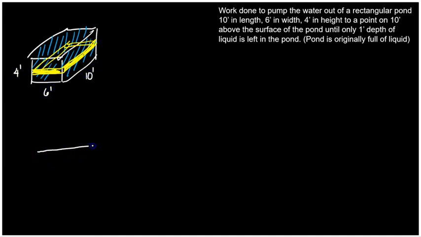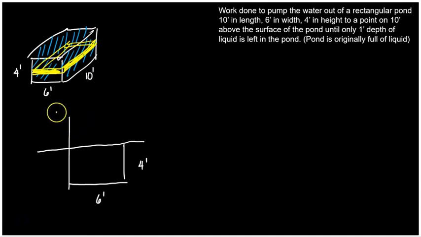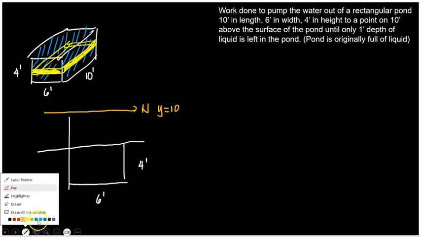However, what we need to draw in here would be the pond is 6 by 4, but then we need to pump the water out, not all of the water out. So up to a point that is 10 feet above the surface. So here, let's just say y here is equal to 10.